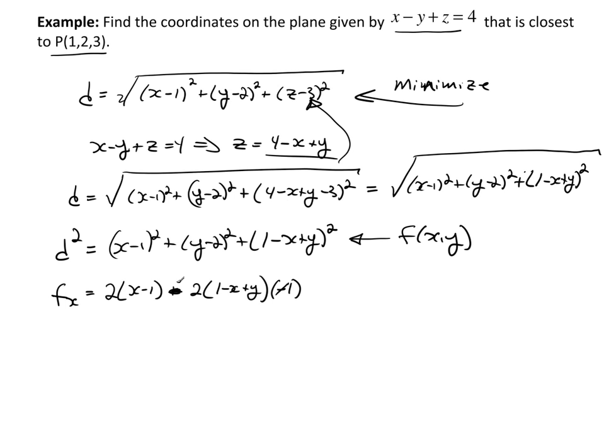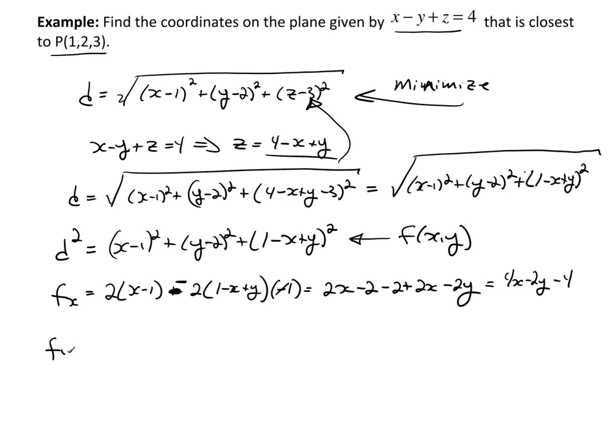What I have is 2x minus 2 minus 2 plus 2x minus 2y, which will combine to give me 4x minus 2y minus 4. So this is my partial. Now I need to set this equal to 0, but I can't because I have x and y's. That's okay, I'll come back to that in just a second.